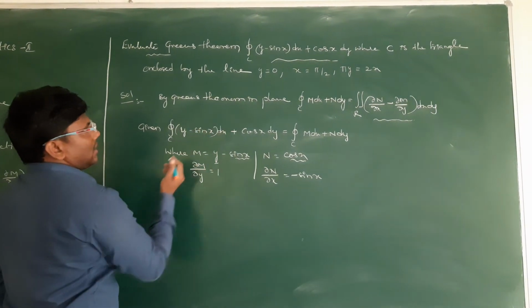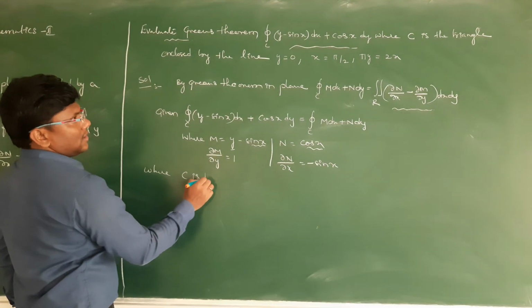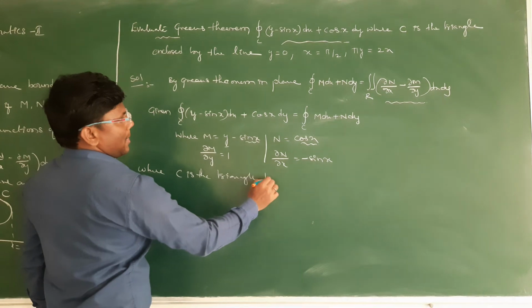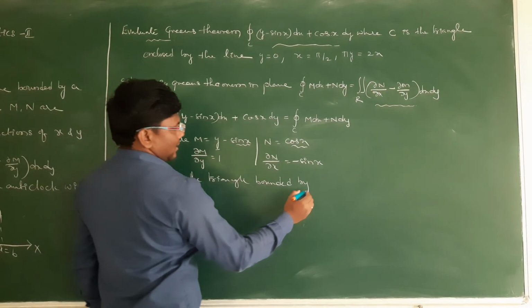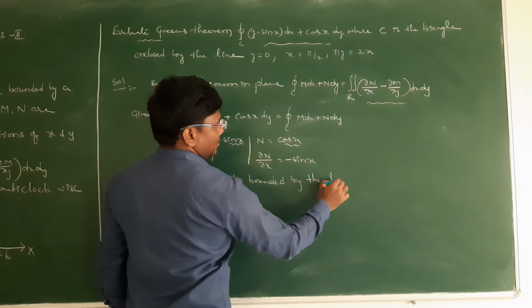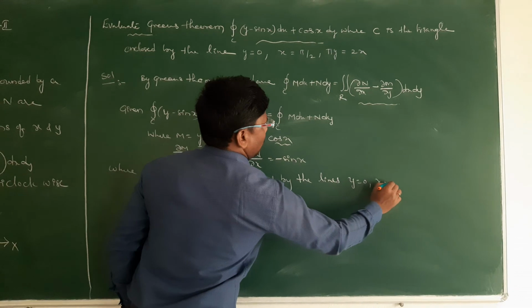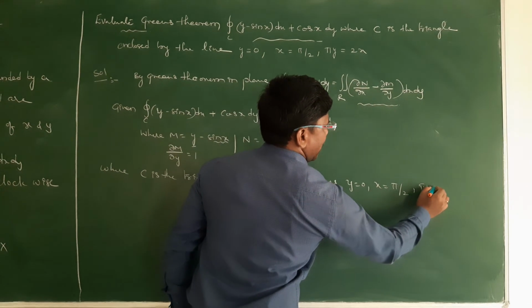Now, where C is the triangle bounded by the lines y equals 0, x equals pi by 2, and pi y equals 2x.